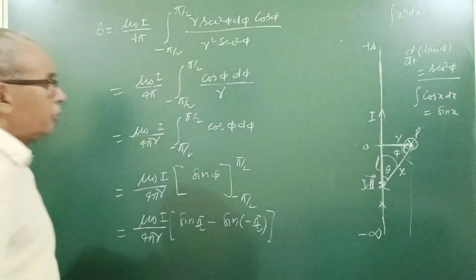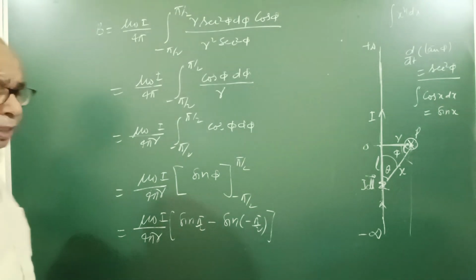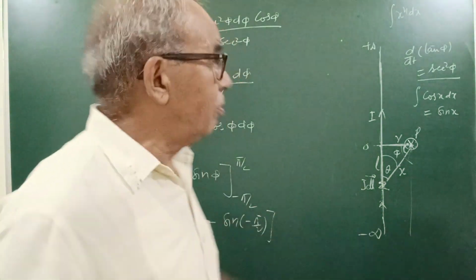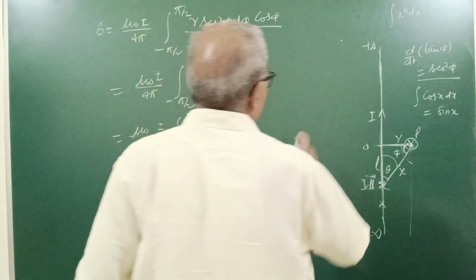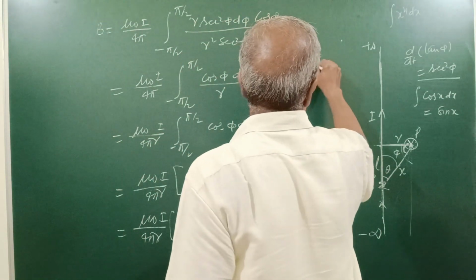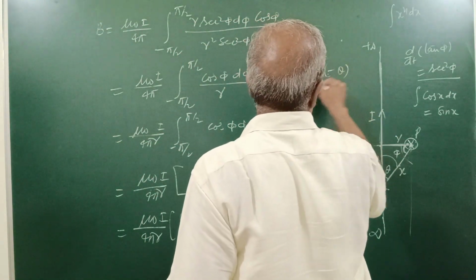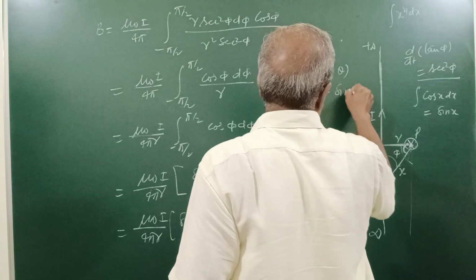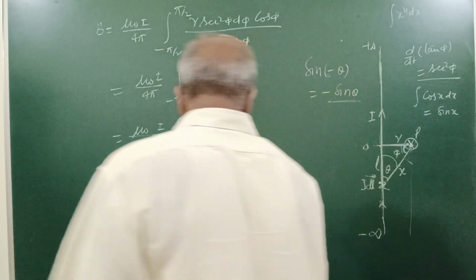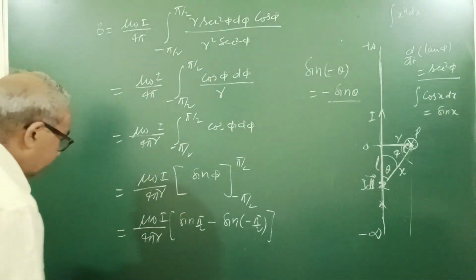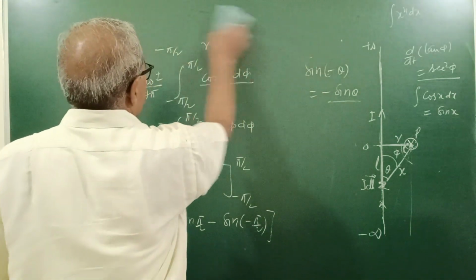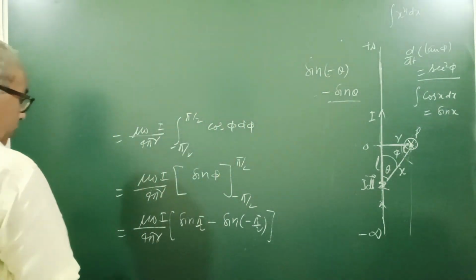Now it is a little difficult for bio students, but you can remember this much. There is one formula from trigonometry, कि sin minus theta equal to minus sin theta. तो ये माइनस यहाँ आकर के प्लस हो जाएगा. So we get here what?